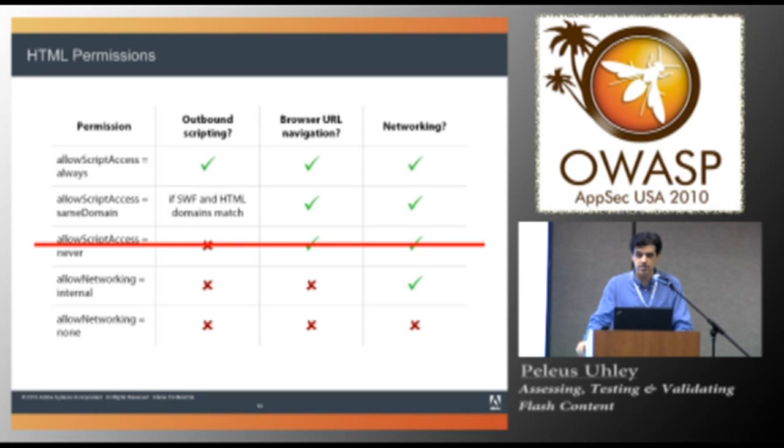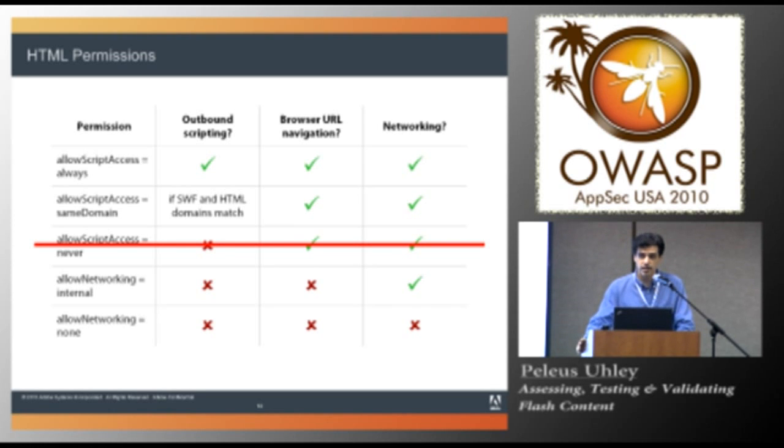If they came from the exact same server, they're allowed to talk to each other. It's assumed that it's part of the overall web application. If an HTML page on www.example.org is loading a SWF from images.example.org, by default, they will not be able to communicate because those are 2 different domains. Flash Player matches on the fully qualified domain name.